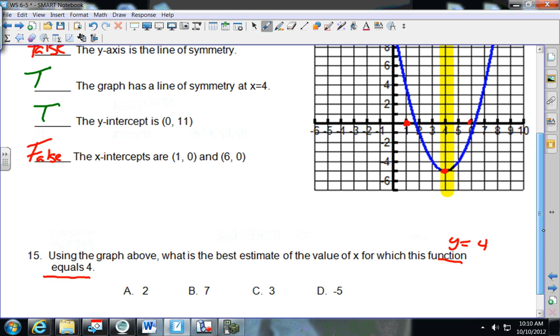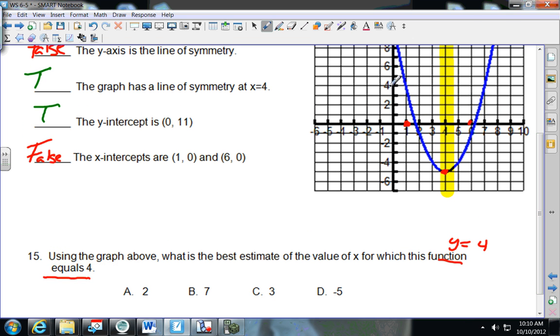So you're going to go over here to find where y equals 4. It touches here and here, which is at 1. So it's where x equals 1, and it's where x equals 7. Are either of those choices down there? B is at 7. Okay, it's not always going to list both of them. They'll have one of them.